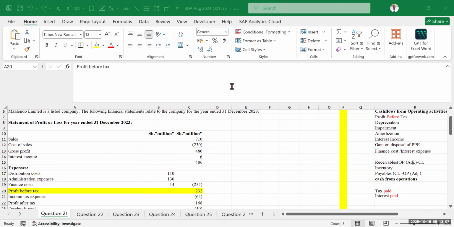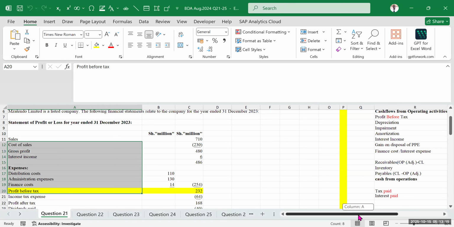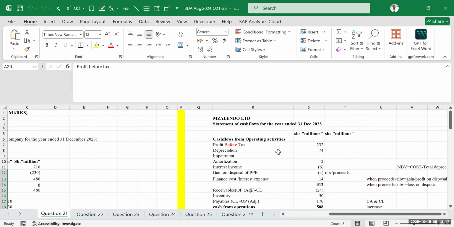That's why we call them non-cash. There was no cash received, there was no cash spent. That's why we adjust the profits using those transactions.